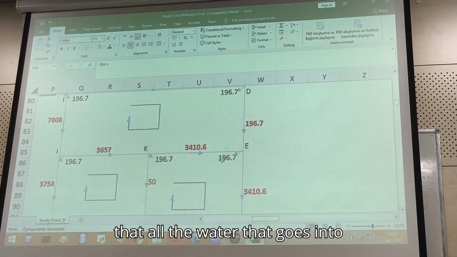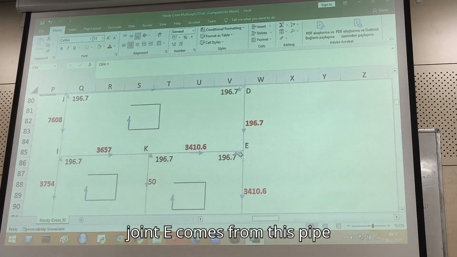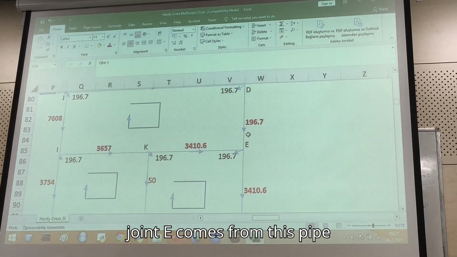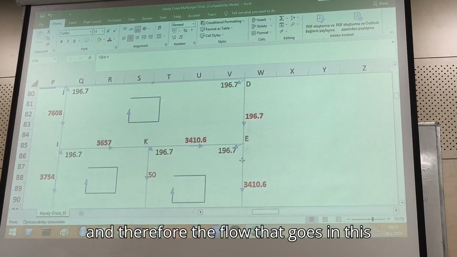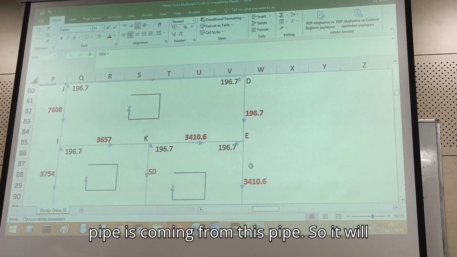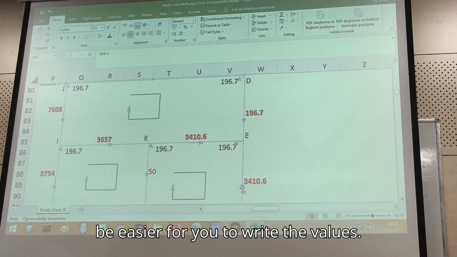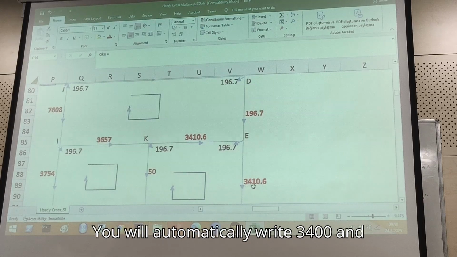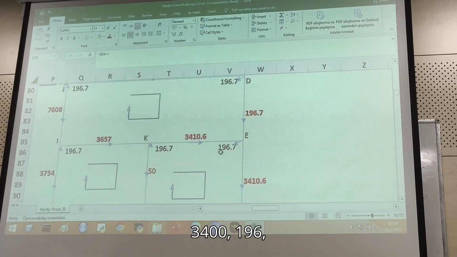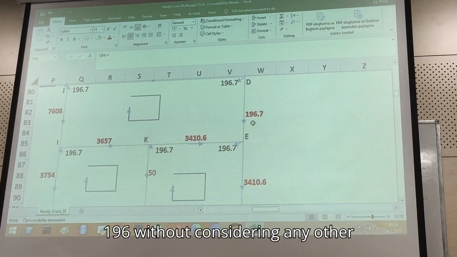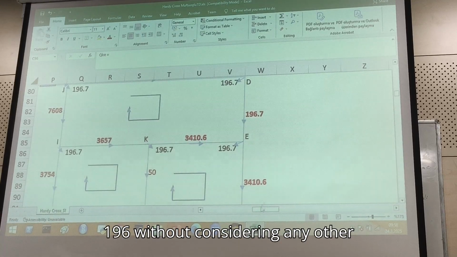Imagine that all the water that goes into joint E comes from this pipe, and therefore the flow that goes in this pipe is coming from this pipe. So it will be easier for you to write the values. You will automatically write 3,400, 3,400, 196, 196, without considering any other thing.